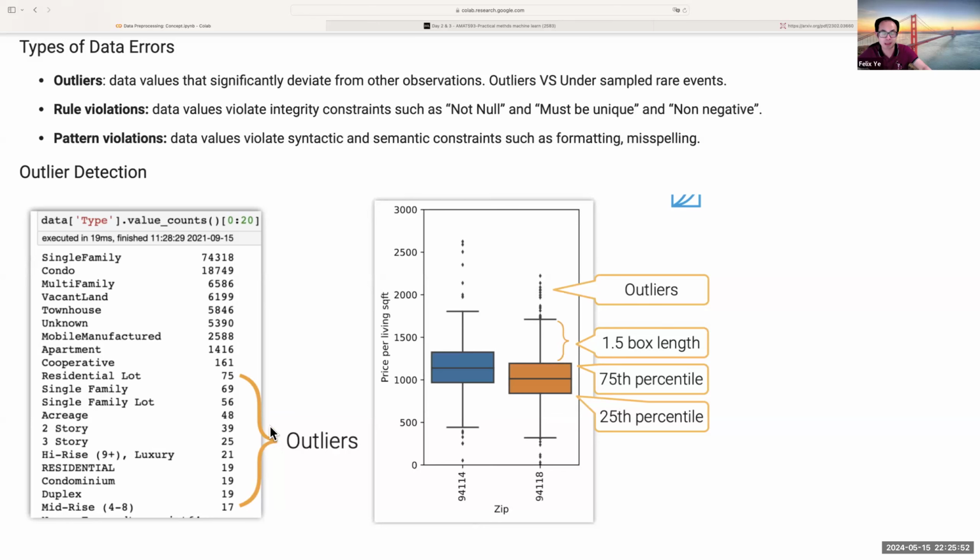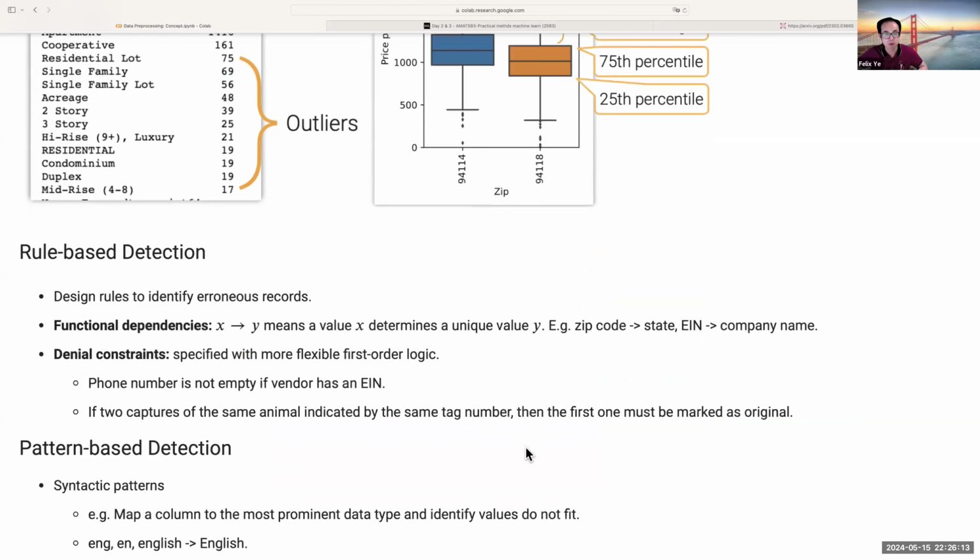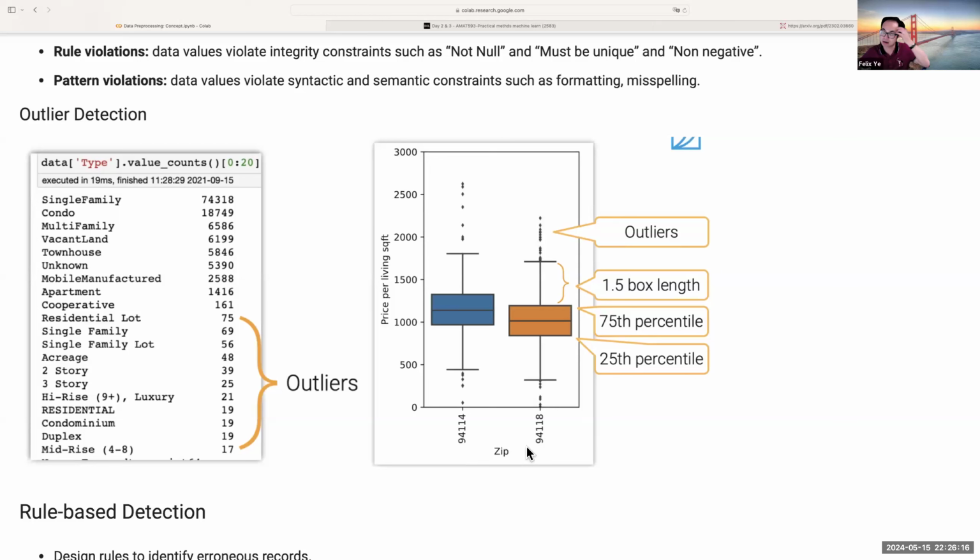If we plot this kind of box plot, the dots right here are beyond 1.5 of the box length, which means everything right here, right here, right here are outliers. A good thing to think about is that we might need to detect those outliers and possibly get rid of them.